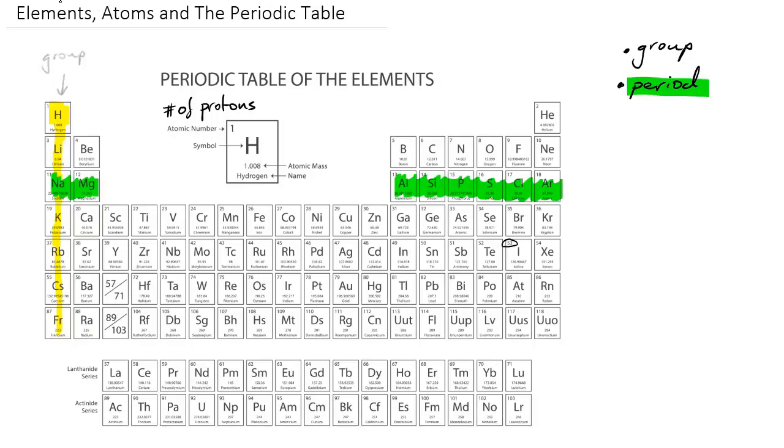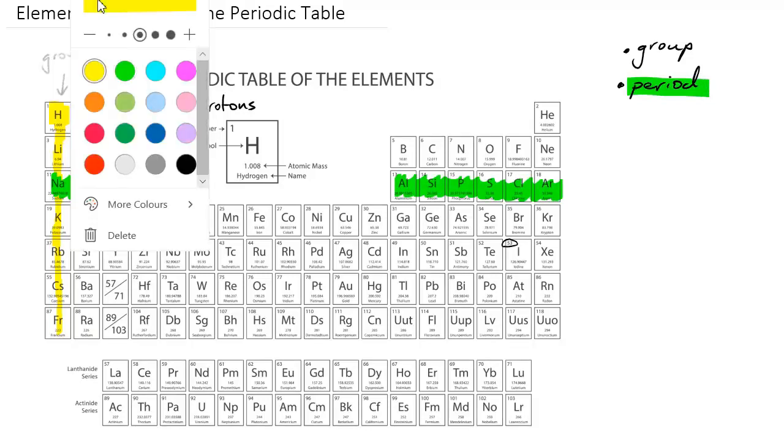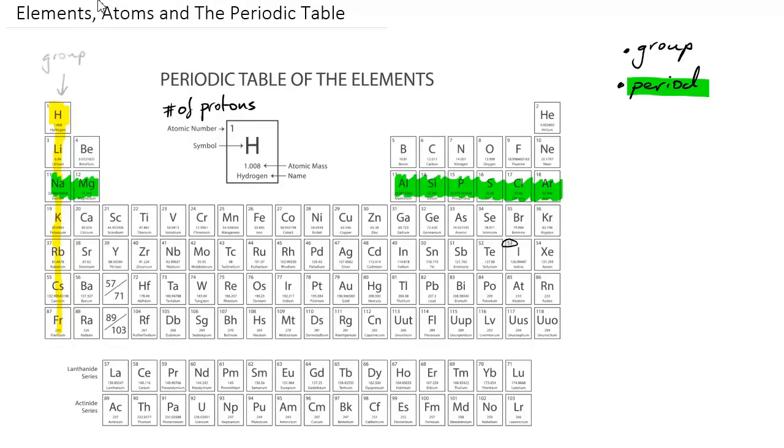So the group goes down and the period goes across. Now, let's have a look at the significance of this group and period and how it actually defines the structure of an atom.